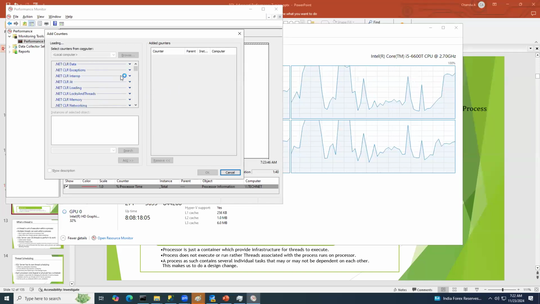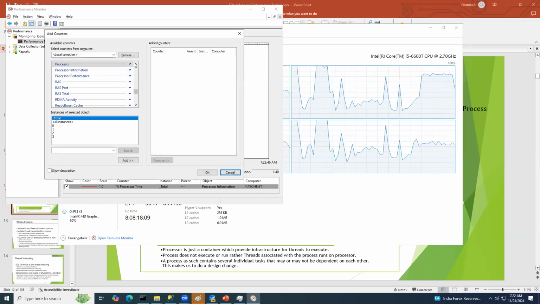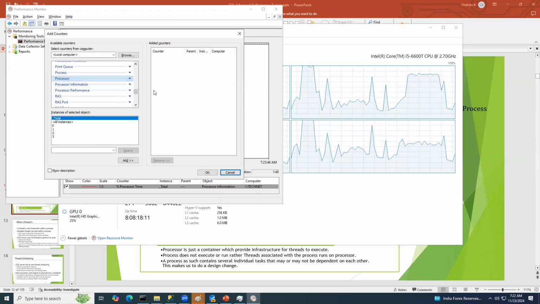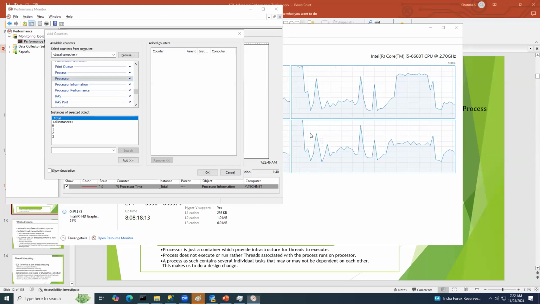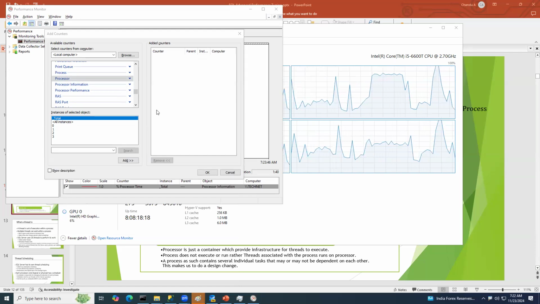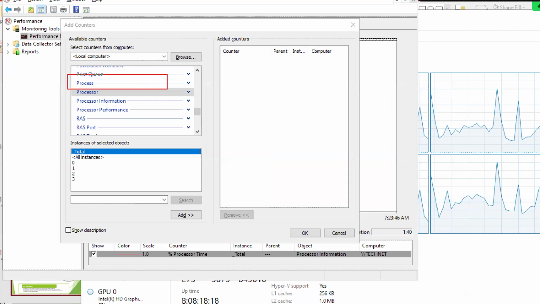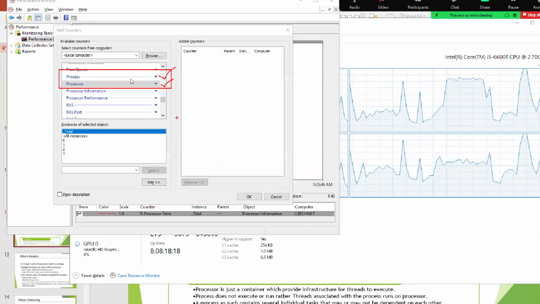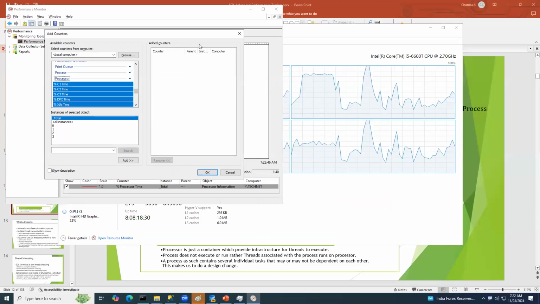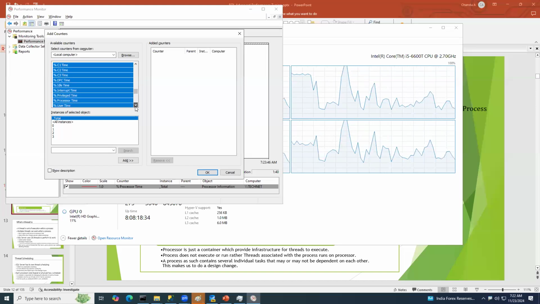So that you will understand how the processor and process look, you have these two: process and processor. If I expand the processor, you will see here 0, 1, 2, 3.